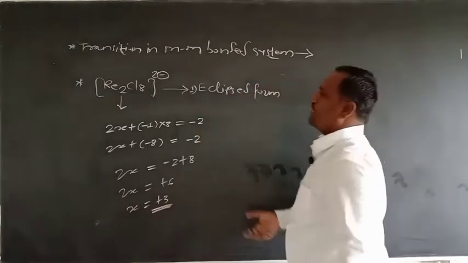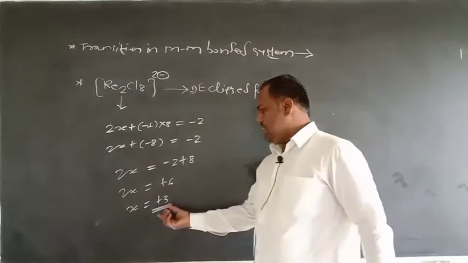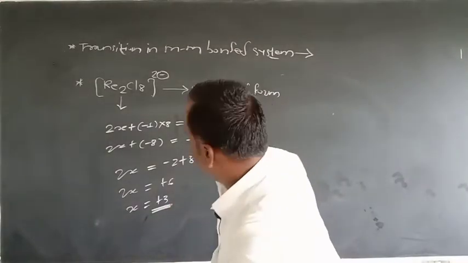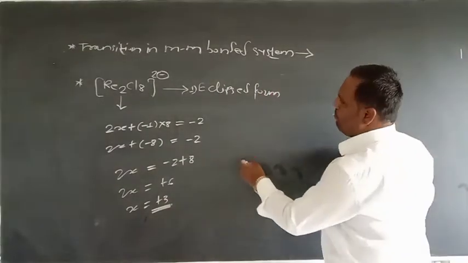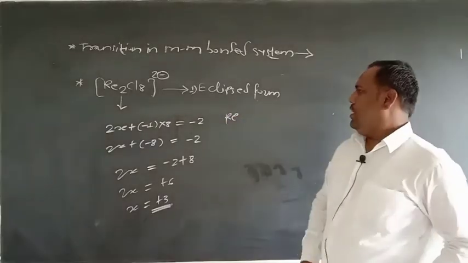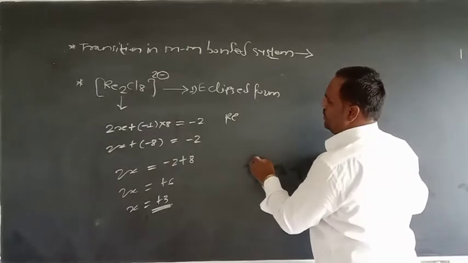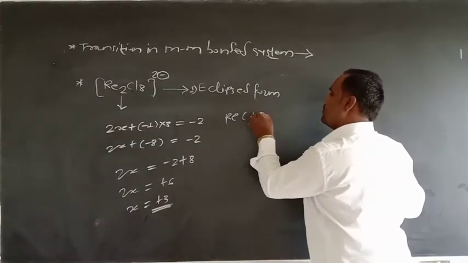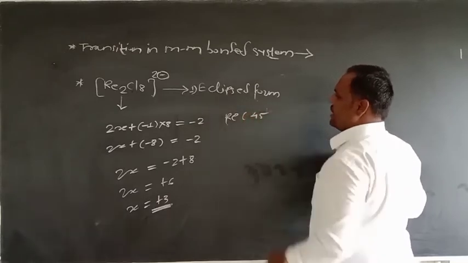So in this complex, that is rhenium halogen complex, each rhenium atom is in plus 3 oxidation state. If you consider the plus 3 oxidation state of rhenium, we know that rhenium is from the manganese family: manganese, technetium, rhenium.